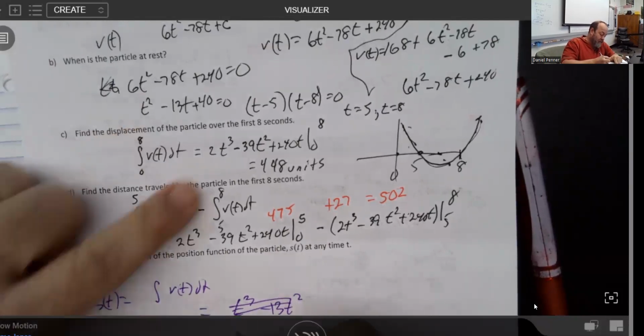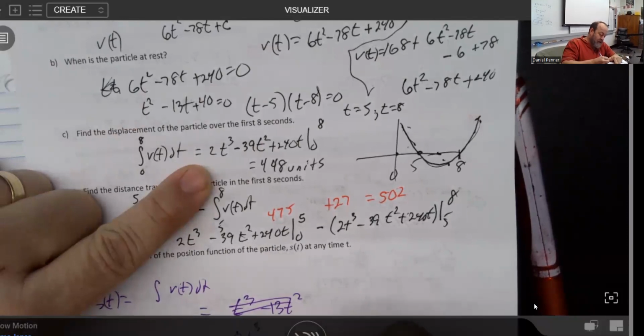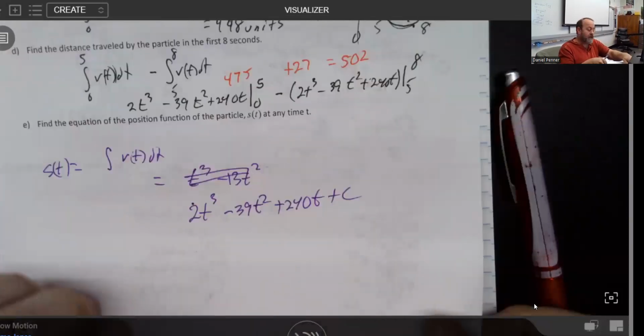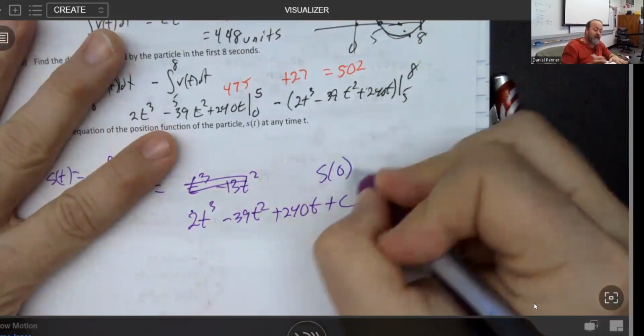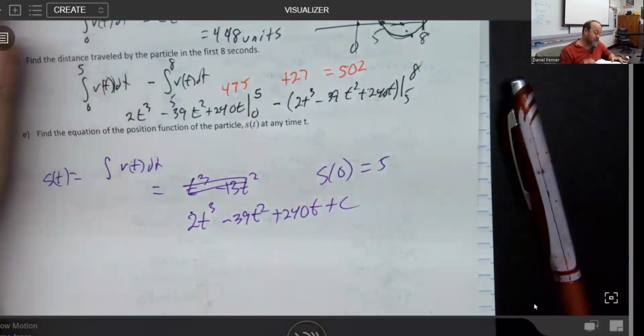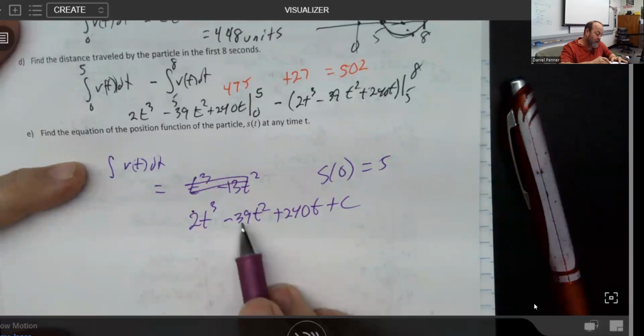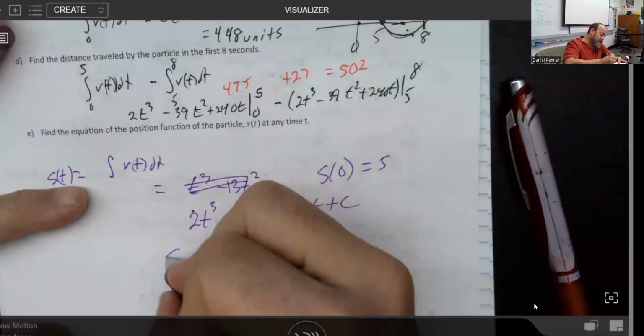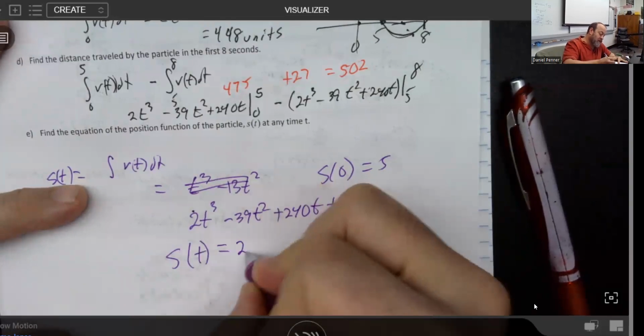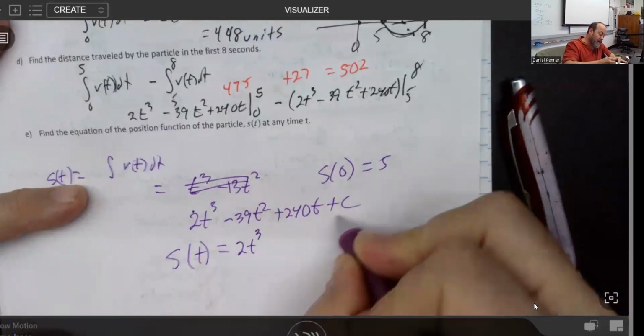I already did it up here: 2t cubed minus 39t squared plus 240t plus some constant that we don't know yet. But in the big picture up top, it said s of 0 was 5. So clearly, if I plugged in 0 for all of these and my answer is 5, then my c value has to be 5.